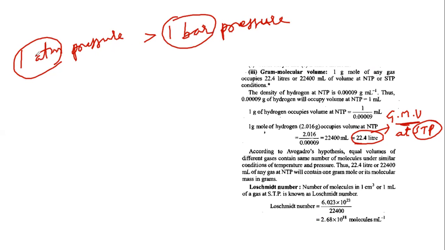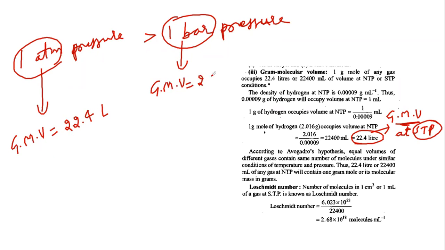So whenever pressure is greater, volume will be lesser now. Here it is greater pressure. I'm telling you 1 atm is slightly more pressure. Now at 1 atm, the gram molar volume is equal to 22.4 liters. But if you take lower pressure, that is 1 bar pressure, the gram molar volume is equal to 22.7 liters.